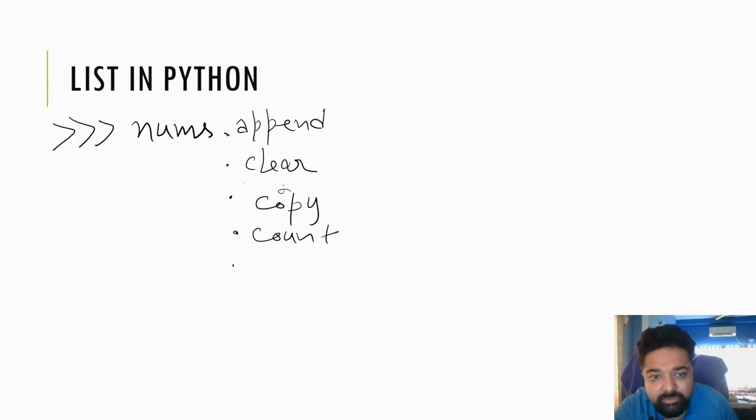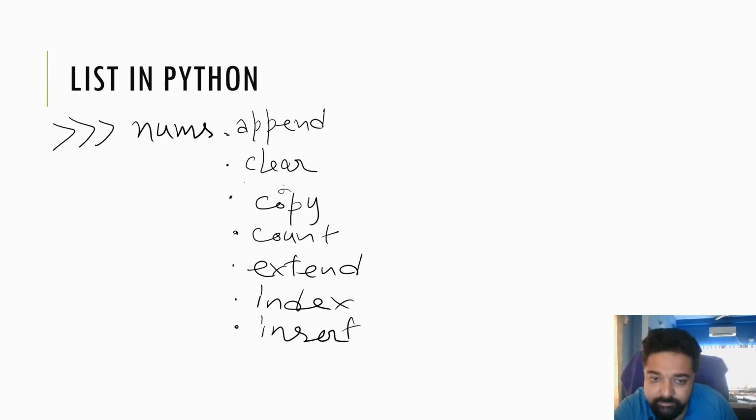Count. It will count the total number of elements. Extend. You can extend, meaning you can add. Then you can check the index value also. There's another option, insert. You can insert an element in any particular position. If you do append, it will add at the end, but if you do insert and mention the position, that element will be inserted at that particular position.